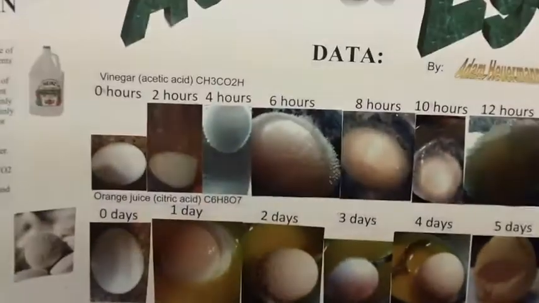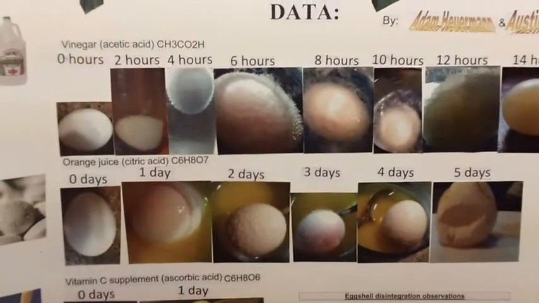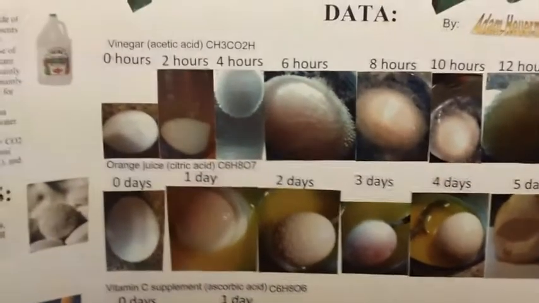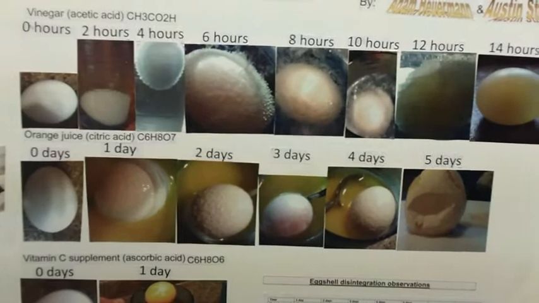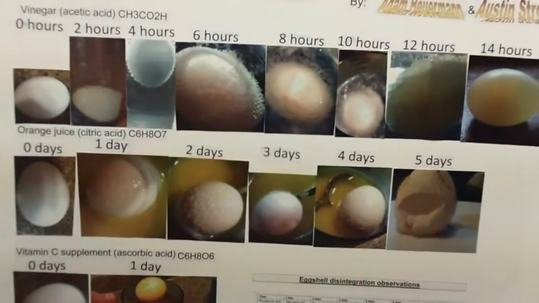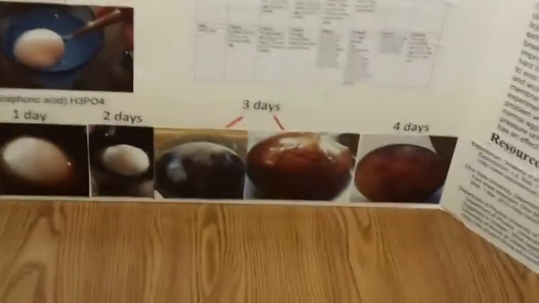Okay, so for our experiment, we wanted to test how acids reacted with calcium carbonate in eggshells. So we just went out and bought items that we researched online that had acid in them. So we came up with vinegar, orange juice, vitamin C, aspirin, and Coca-Cola.